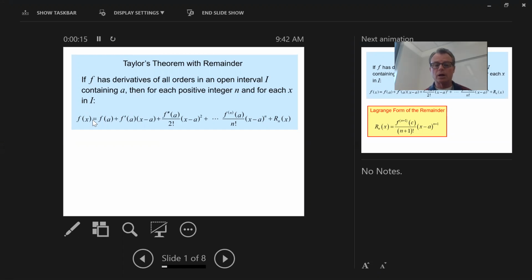Here is the expansion about A. So this is a Taylor series. And it takes it to the nth term, yes? So it's stopping somewhere. It's stopping at the nth term, plus you have the remainder after the nth term.